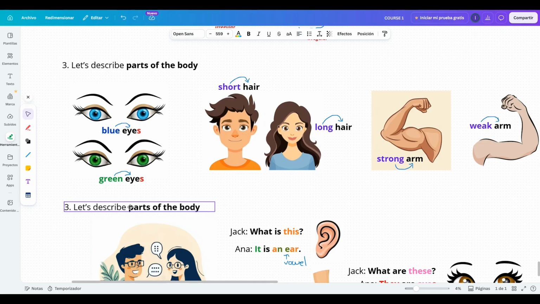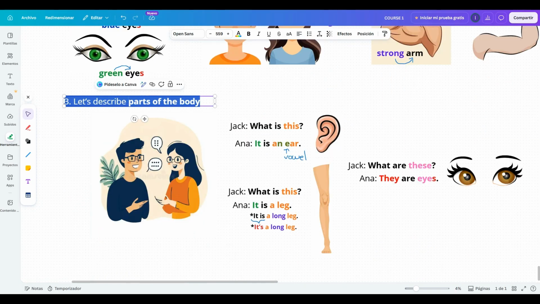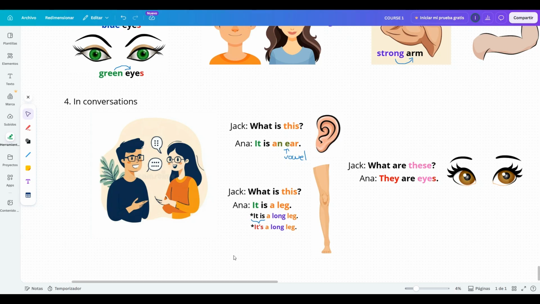You can use this vocabulary with these questions. For singular, what is this? What's this? For plural, what are these?